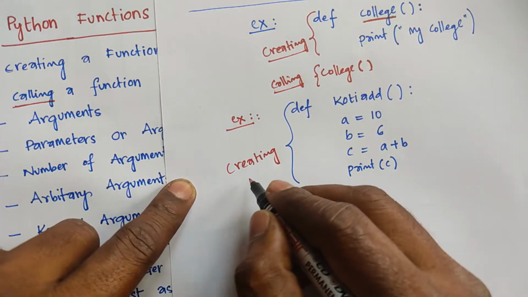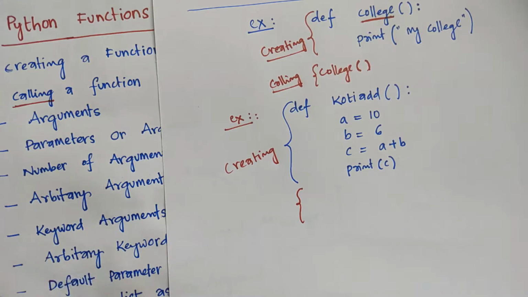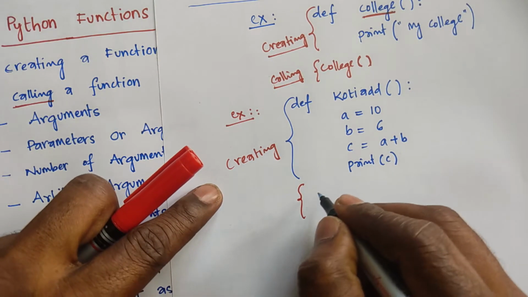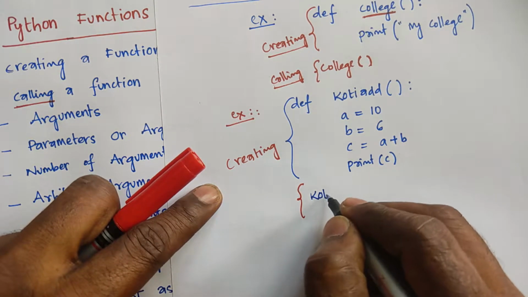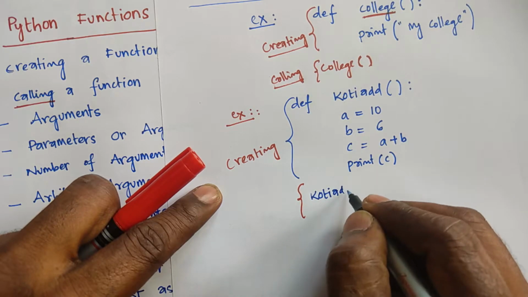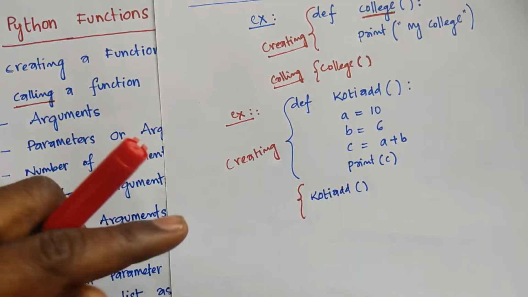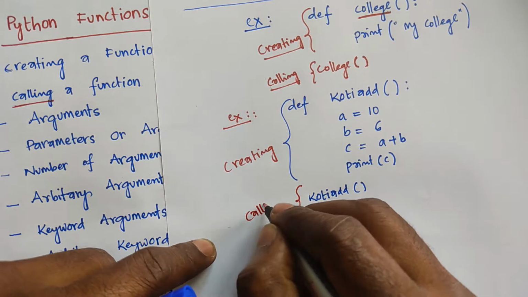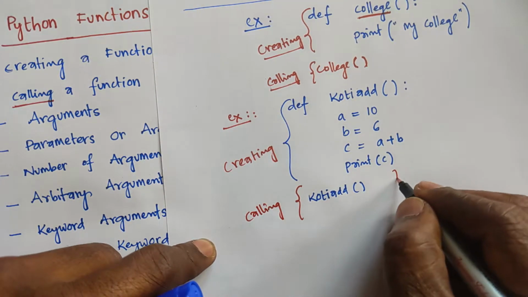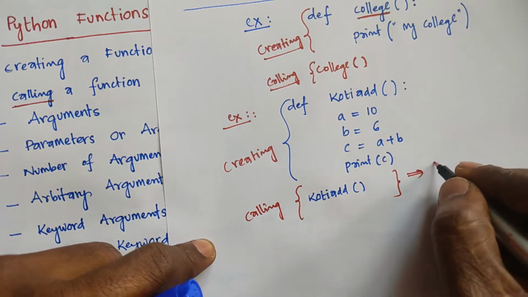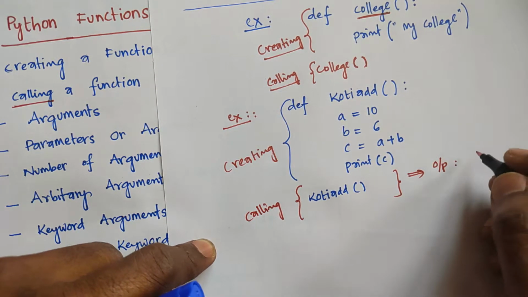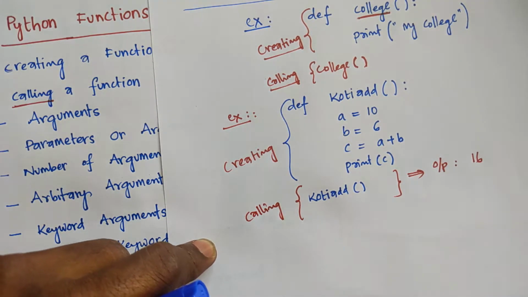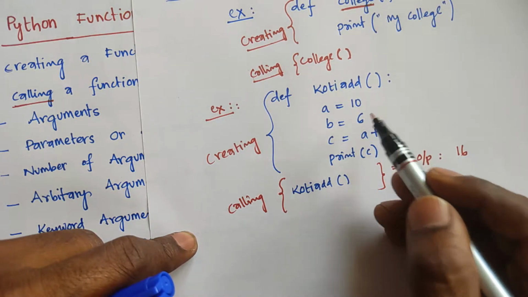Now I have to get the result, so I am writing add with brackets. This is called calling. When you call the function, the output result will be 16, because 10 plus 6.